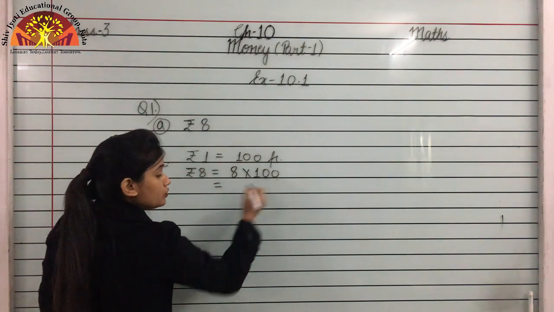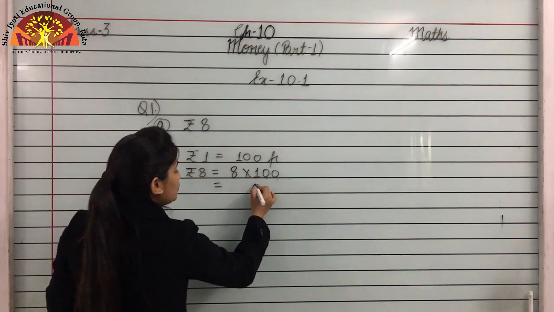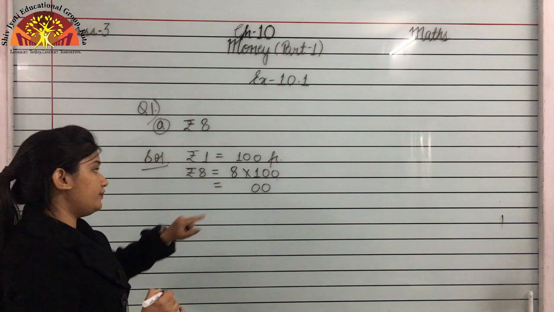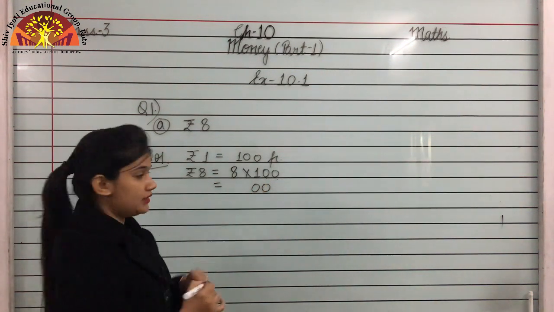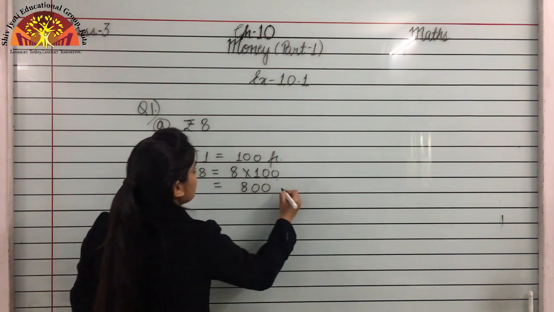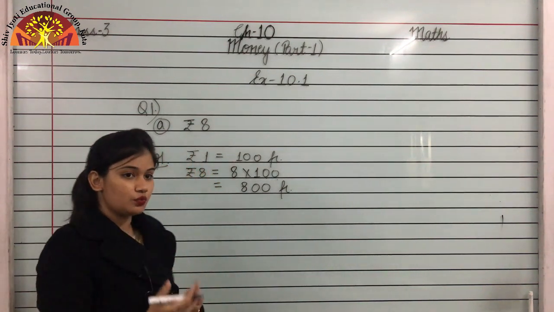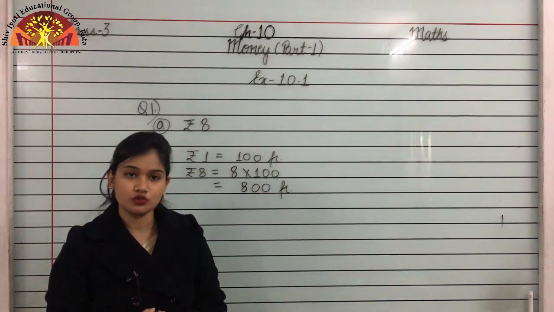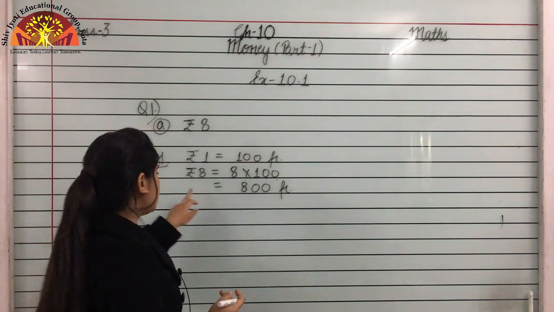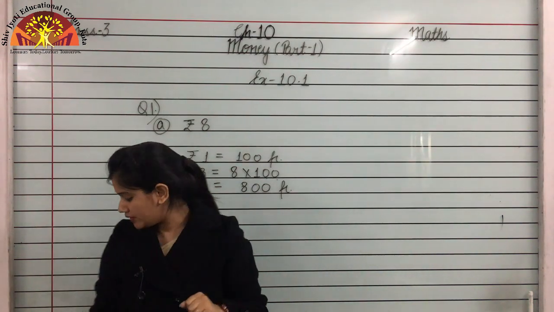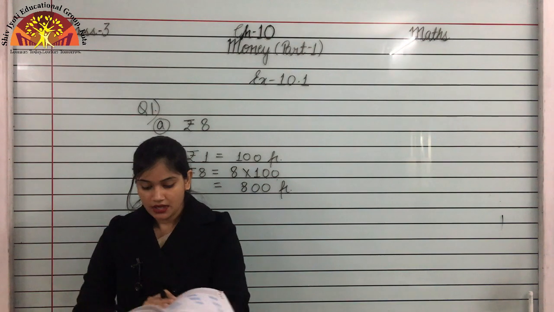Again we are observing 2 zeros, so we have to put 2 zeros here, and now we will multiply 8 by 1 and 8 ones are 8. So this will be 800 paise. So whenever you are converting rupees to paise, you have to multiply it by 100. Is it clear?